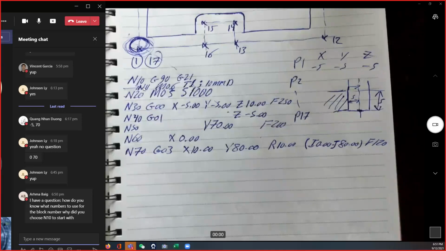So I just add the N11 in between them. If I didn't do that, if I wrote down N1, N2, N3, and I had this mistake, I would need to change the number of all the lines. So why do that? Just simply make them by 10. So you're going to have 9 slots available as extra slots, so I can use them. I hope this will answer your question.